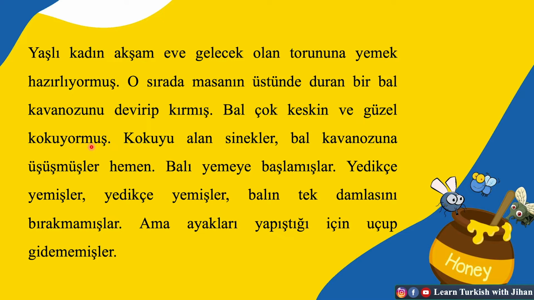Kokuyormuş was smelling. At that time it was sharp and it smelled beautifully, or it smelled güzel, good. Güzel can be used in several places, it doesn't only mean beautiful. Sometimes we say güzel for the food, which means it's delicious. So this sentence means the honey was very sharp and smelled good.